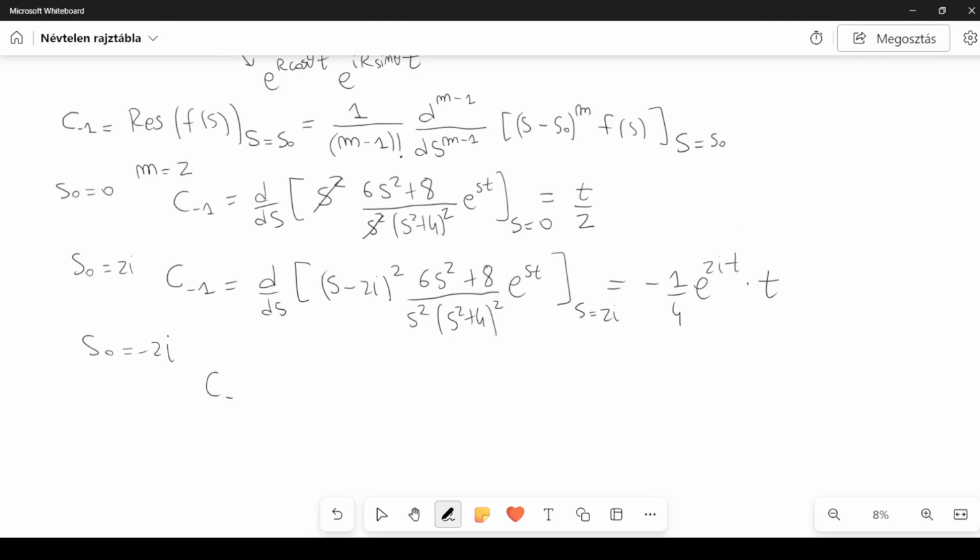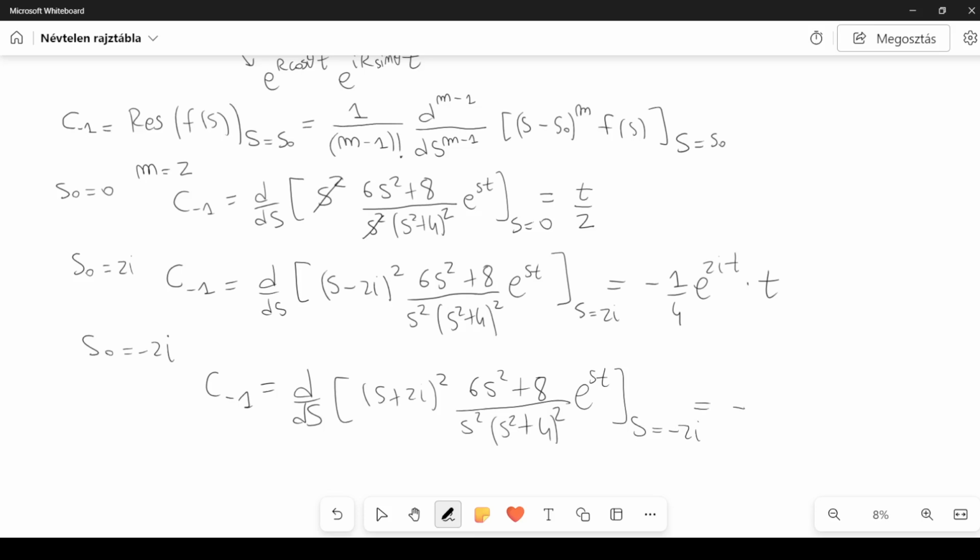So I will write it down, but it's quite intuitive what we are going to get here, because this is just the complex conjugate of this: d over ds of (s plus 2i) squared times (6s squared plus 8) divided by (s squared plus 4) squared, e to the st, evaluated at s equal to minus 2i. And the result is, of course, minus 1 over 4 e to the minus 2it times t.